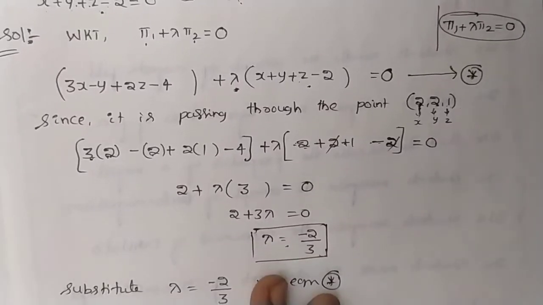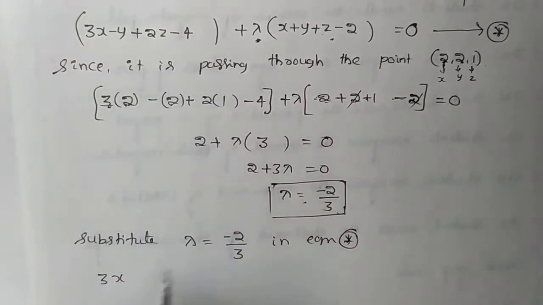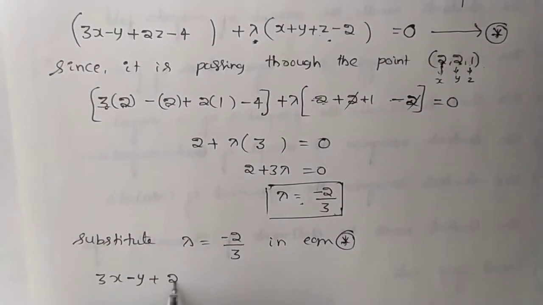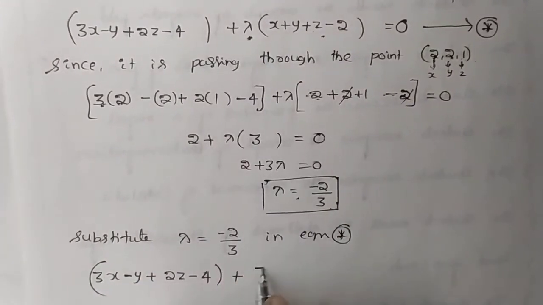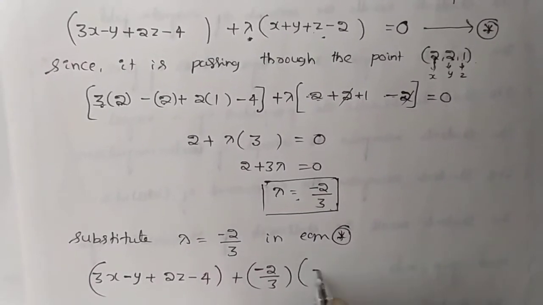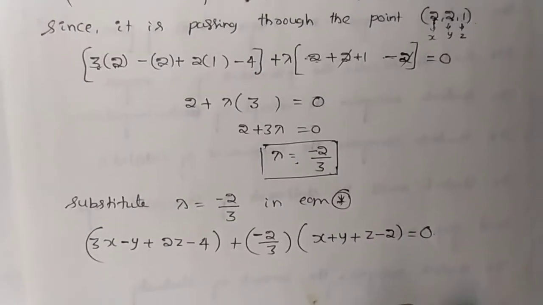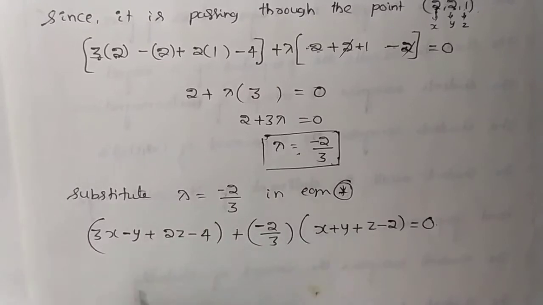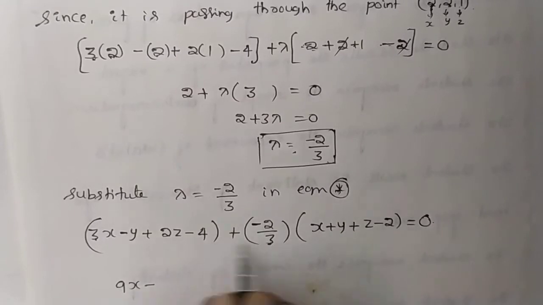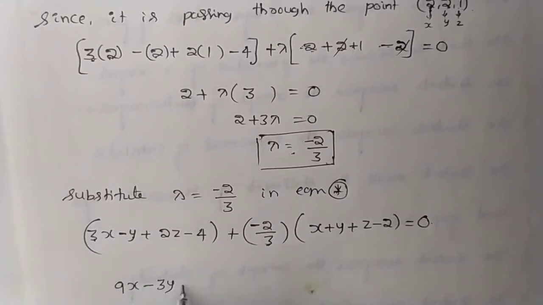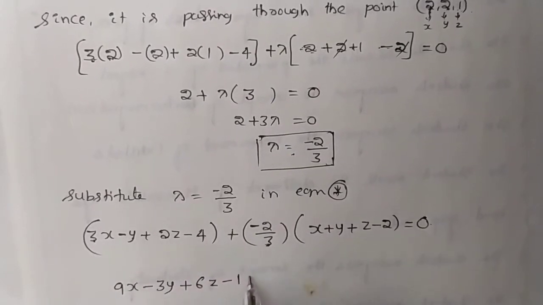Equation star is what? 3x minus y plus 2z minus 4 plus lambda, which is minus 2 by 3, into x plus y plus z minus 2 equals 0. Let us simplify it. 3 into 3x is 9x, minus 3 into y is 3y, plus 3 into 2 is 6z, minus 3 into 4 is 12.